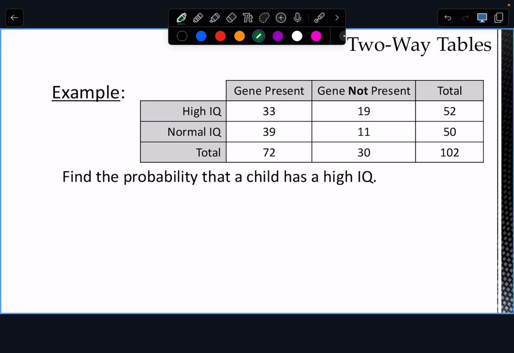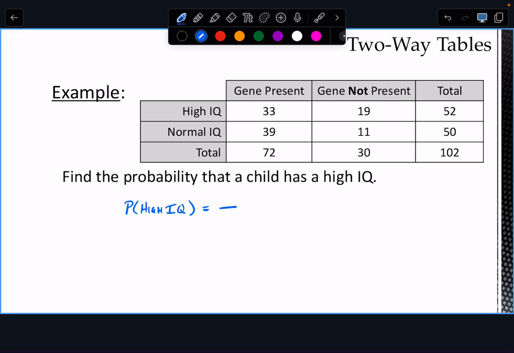So when we calculate basic probabilities from these two-way tables, we just have to pay attention to what we want, what our desired outcomes are out of my total, and we've got to be careful with what that total looks like depending on how they ask the question. So in this first example, it says, what's the probability that a child has a high IQ? In notation, they're asking for a basic probability: if I select a kid at random, what's the probability I get a high IQ?